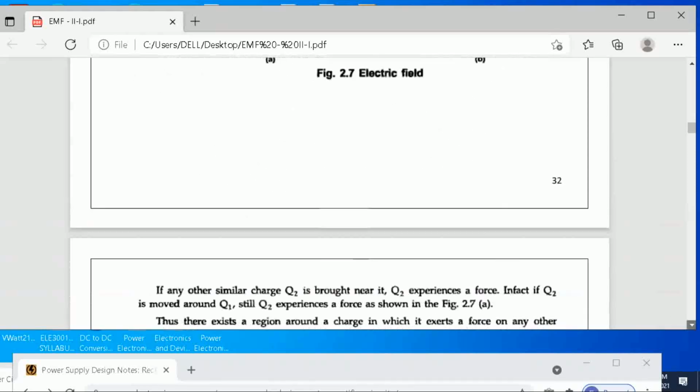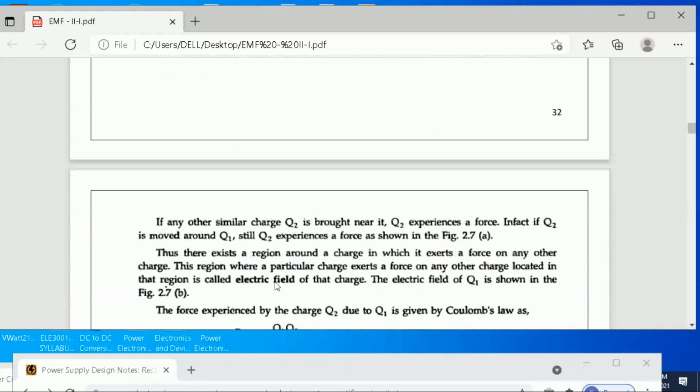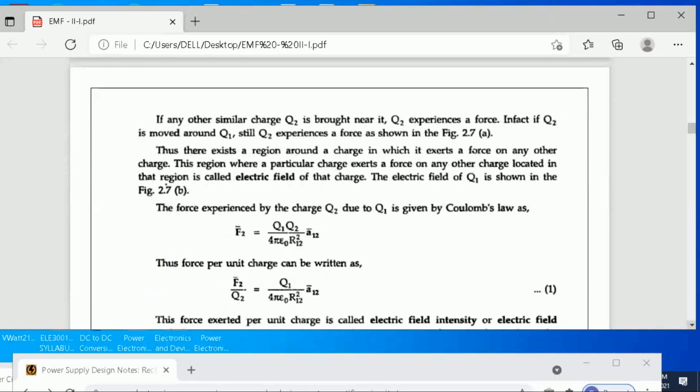So then, if any other similar charge Q2 is brought near Q1, at that radius, Q2 experiences the same force, as long as you're at a constant radius from Q1.